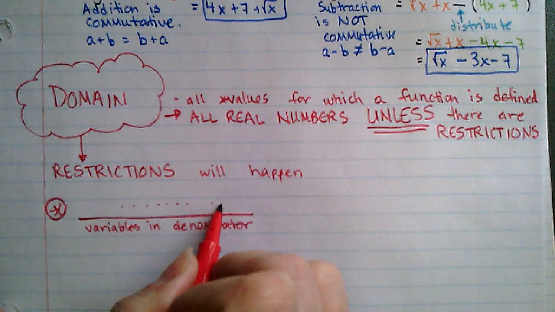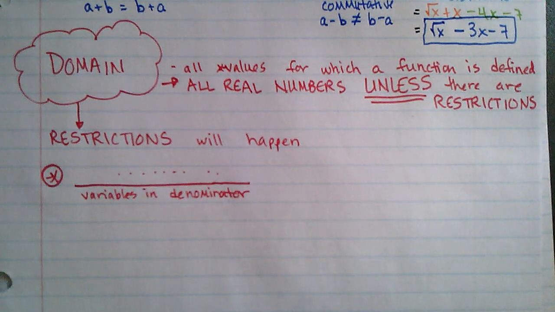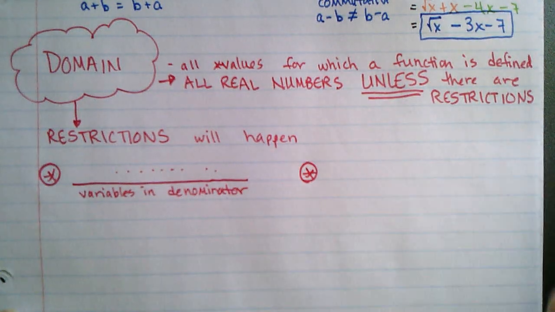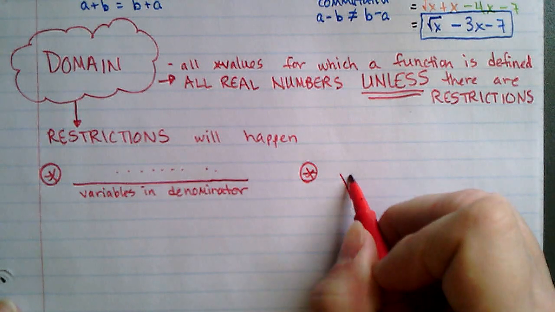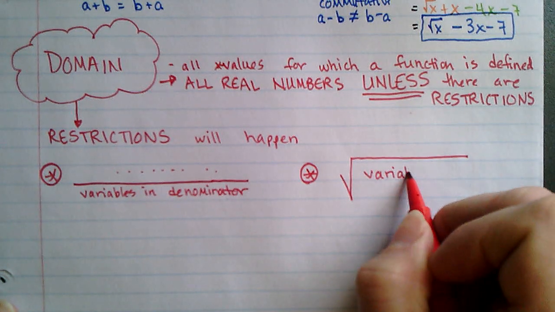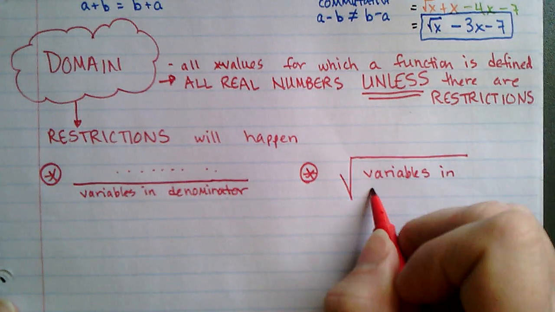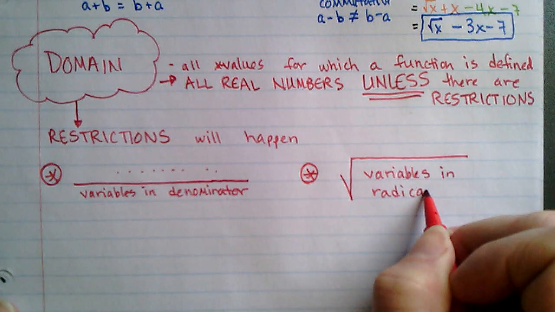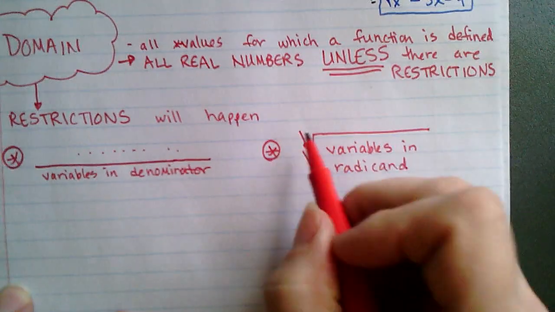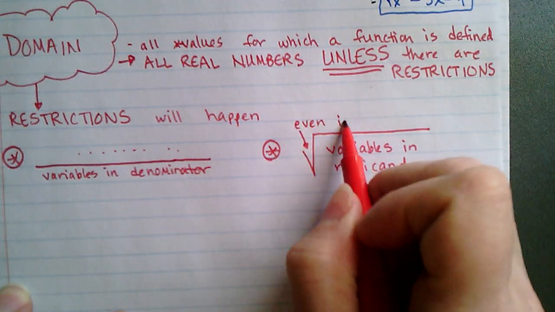It doesn't really matter if you have variables in your numerator, it's having variables in the denominator that give us domain restrictions. The other time that we will have domain restrictions is if we have variables in the radicand when there is an even index.